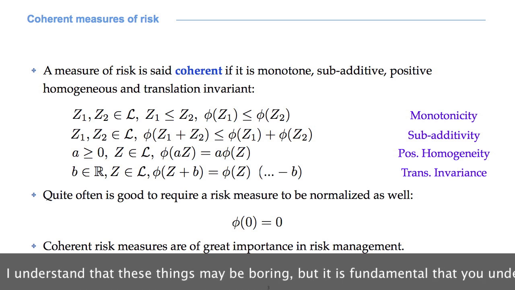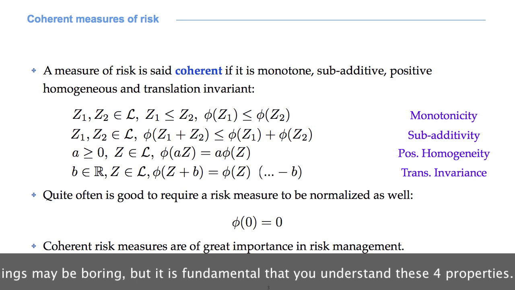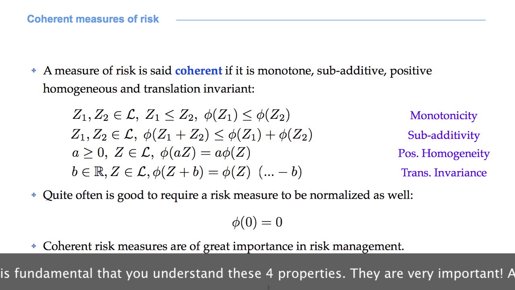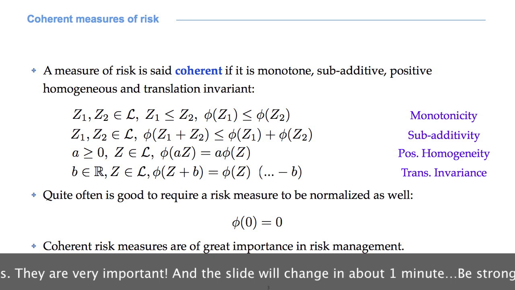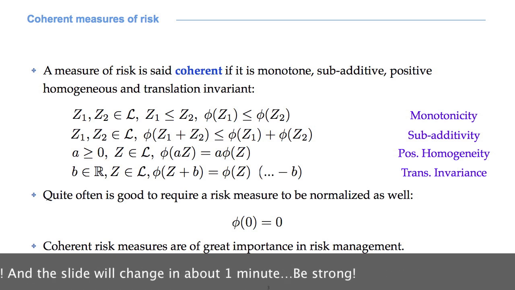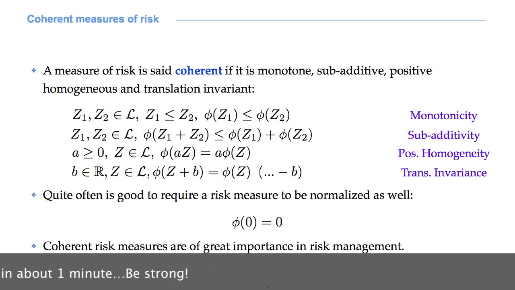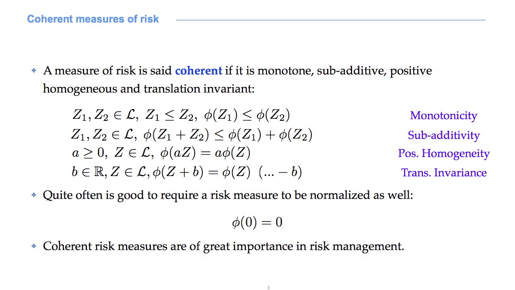Monotonicity means that if Z1 and Z2 are two losses and Z1 is smaller than Z2, then the value of the risk measure in Z2 is greater than the value of the risk measure in Z1. Subadditivity means that the risk measure assigned to a combination of losses, a portfolio, is smaller than the sum of the risk measures assigned to the single losses.